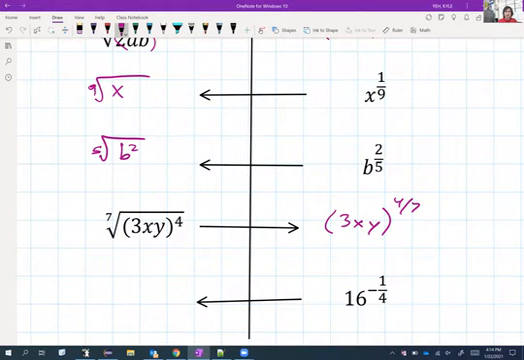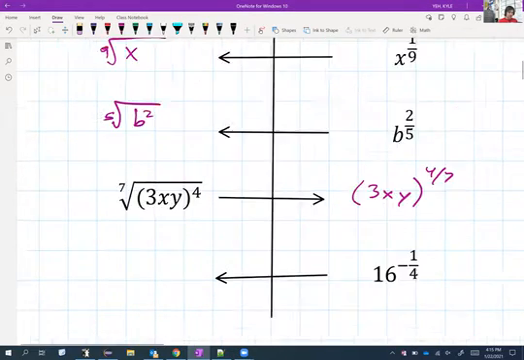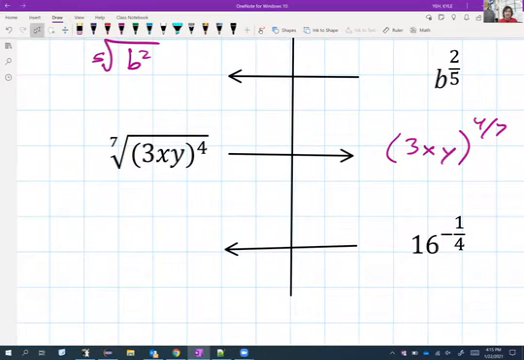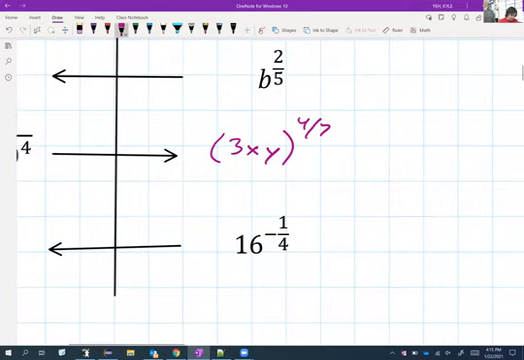Then finally throwing a little bit of a curveball at you for a couple reasons on this last one. 16 to the negative 1/4 power. First curveball is, what is this negative? What is a negative exponent? Well, if you remember when we were going over some exponent rules, a negative exponent, I'm going to write it over here first.